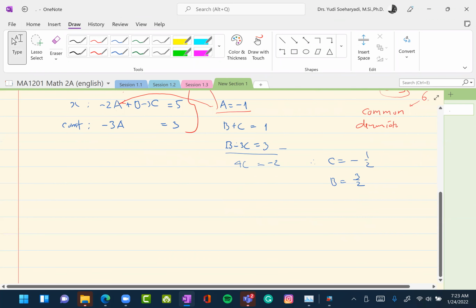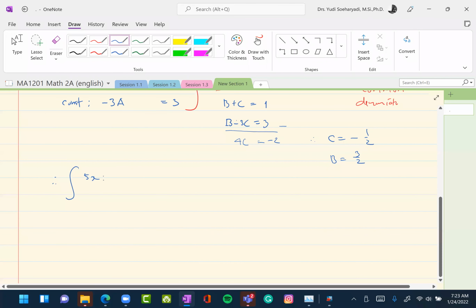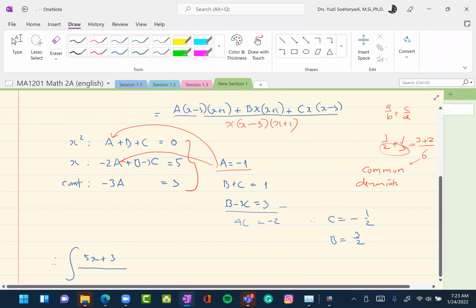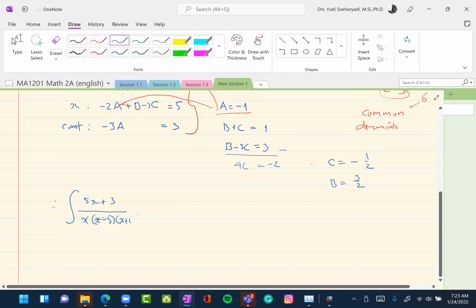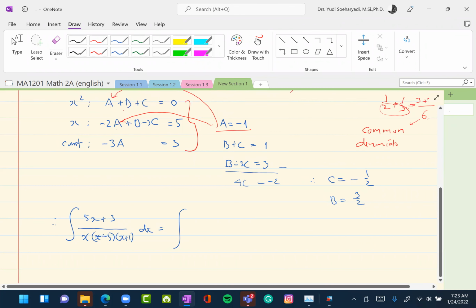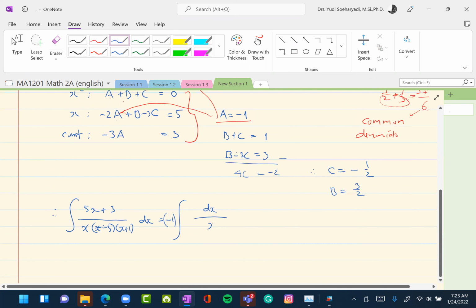So let's do the integrations now. In the end, you have this integral of (5x plus 3) over x(x minus 3)(x plus 1) dx, which is, since a is -1, the integral of -1 over x, and b is 3/2, dx over x minus 3, minus 1/2 integral of 1 over x plus 1.